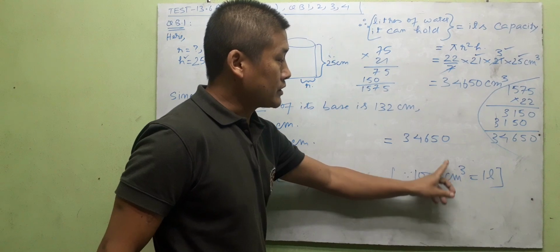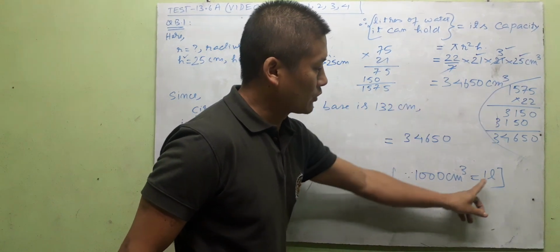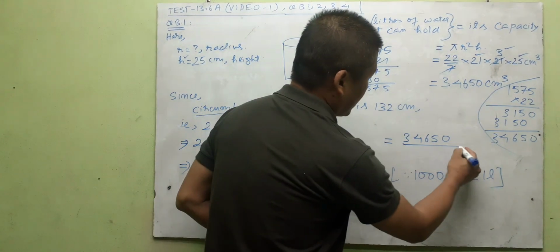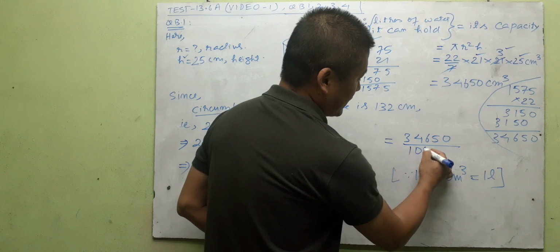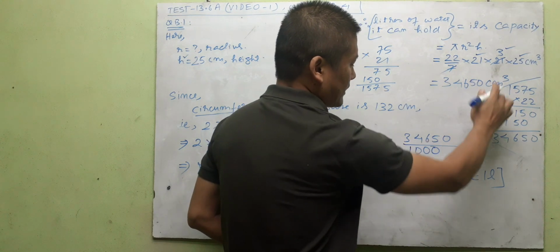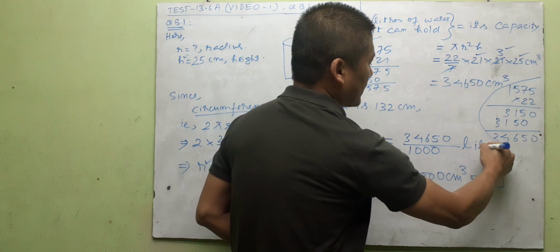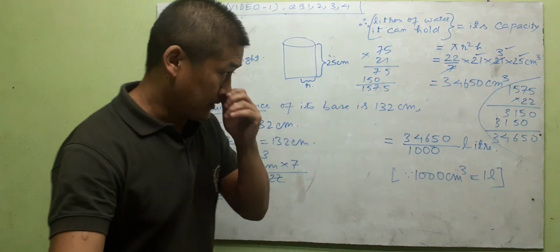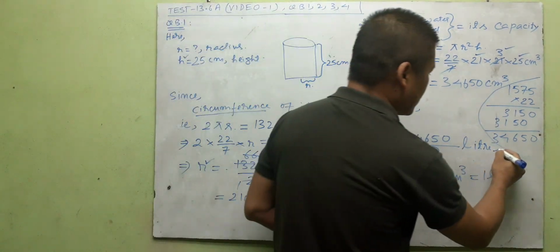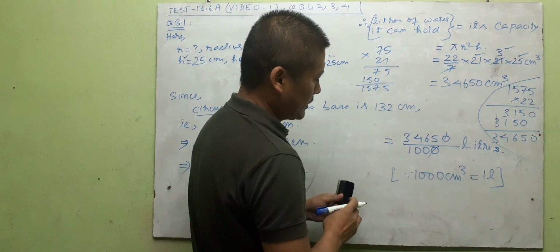So since you're going from a small to a big unit, you need to divide, and divide by this number because the value is given in the question. Then the centimeter cube will disappear and liter will come inside. So it's just an easy process. You can cancel this 0 if you want.